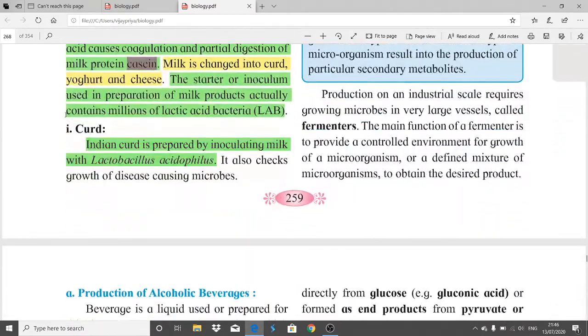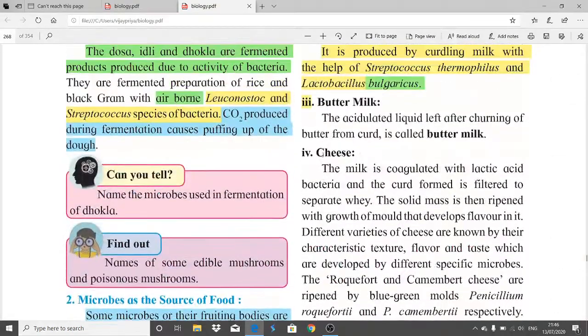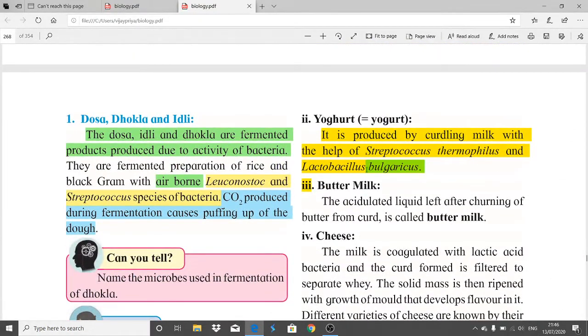In the earlier example, the curd gets formed when there is active microorganism named as Lactobacillus acidophilus. In the yogurt, it is Lactobacillus bulgaricus. Okay, so there is curdling of milk with the help of Streptococcus thermophilus. Again we require this one microorganism, and another is Lactobacillus bulgaricus. Okay, this name you have to remember.